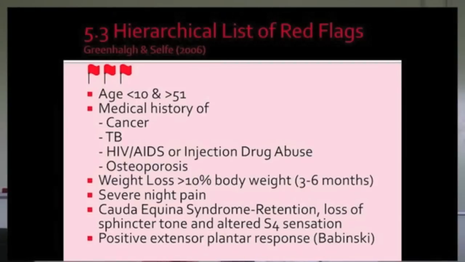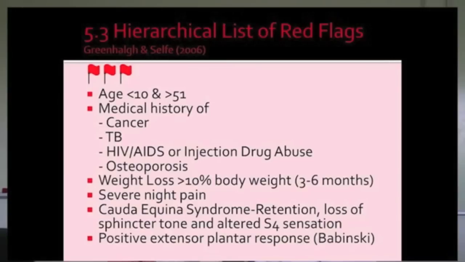Okay? Despite some of the evidence that I've already quoted, we still feel that severe night pain is quite an interesting red flag, and we've actually kept that in the list. And the kind of night pain that we're talking about are the patients that have to sit in a chair, they can't lie flat, they're crying with pain at night.